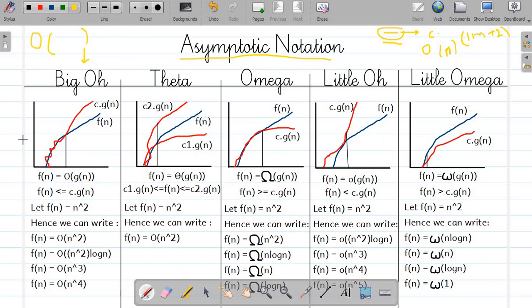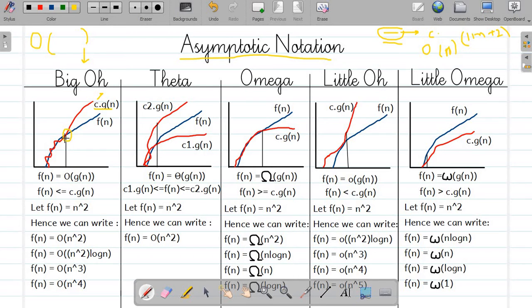So now over here in this graph, we can see that suppose f(n) and g(n) are two functions which represent the way my algorithm is working. Here we can see that f(n) becomes smaller than c times g(n), where c is just a constant, after this particular point.